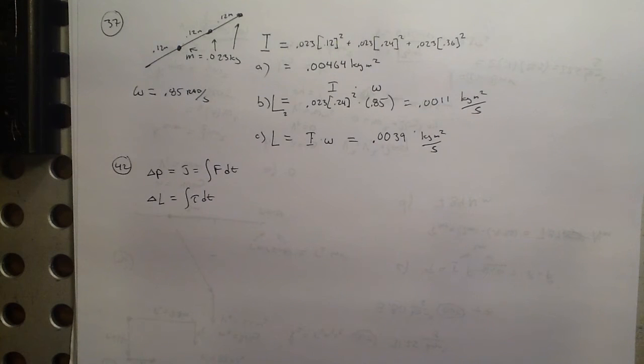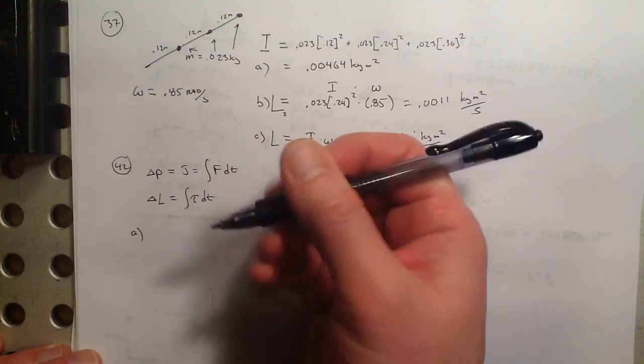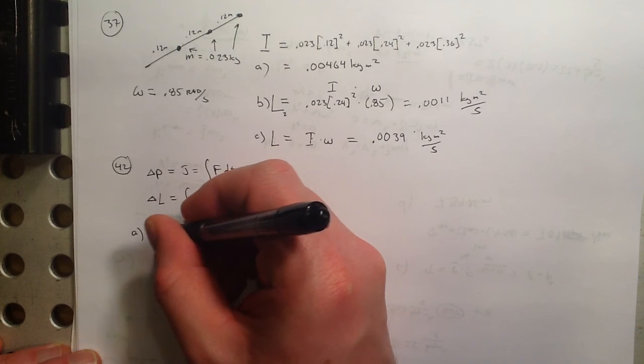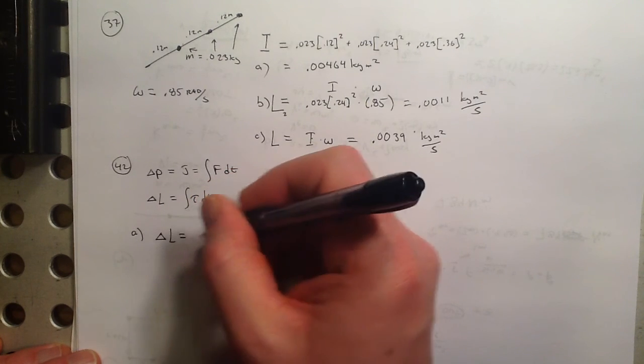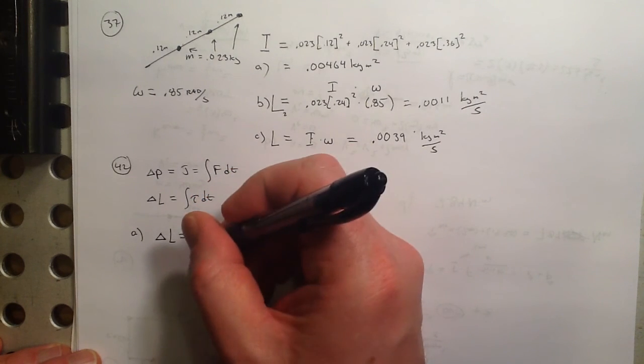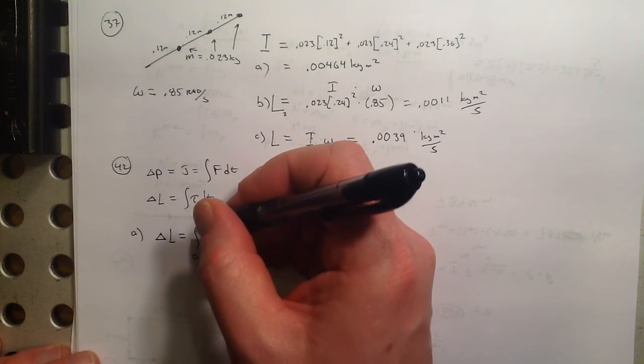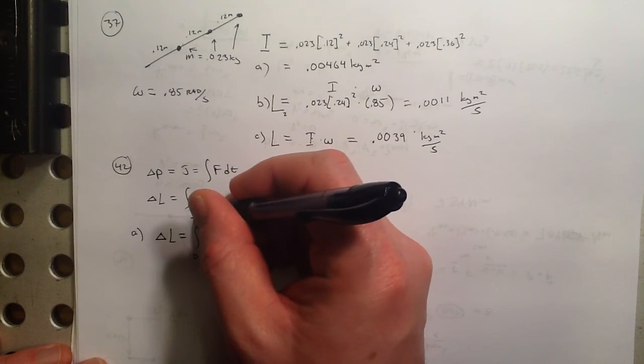So let's see, the scale is set by that starting value, which is 4 Newton meters for torque. What's the angular momentum of the disk about the rotational axis at time 7 and time 20? And is it initially stationary? It is. So for part A, that means the change in angular momentum is equal to the integral from 0 to time 7.